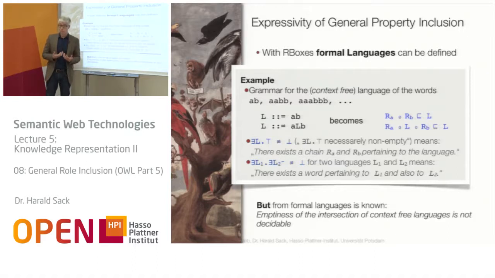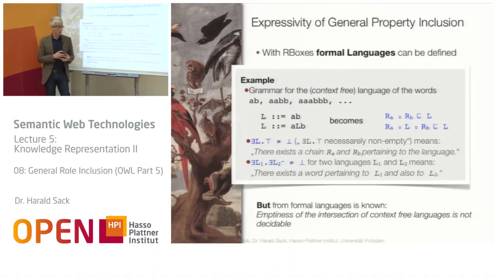So what we should do is consider only those general property or general role inclusions that maintain the condition that, if you translate them to a formal language, they are a regular language and not a context-free language.